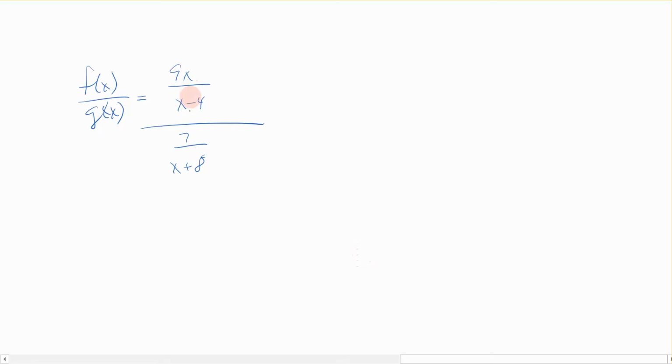Remember that when you're doing a compound fraction like this, the fraction bar is actually division. So if I have one fraction divided by another fraction, then we keep the first, change the sign, so I'm changing it from division to multiplication, and I flip the second. Keep, change, flip. Or in other words, multiply by the reciprocal.